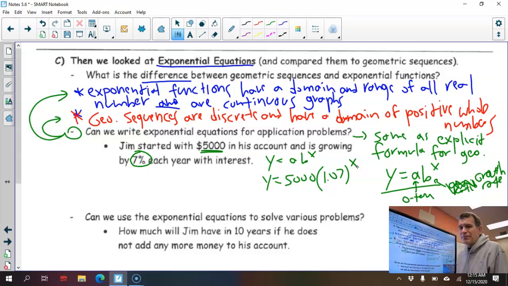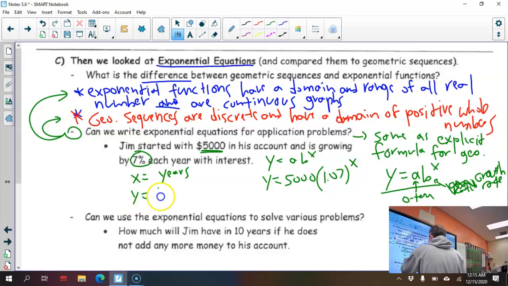And I think in these problems, it's important to make sure you write down and communicate what the x and the y stand for. In this case, the x stands for years, and the y stands for total money, I guess.